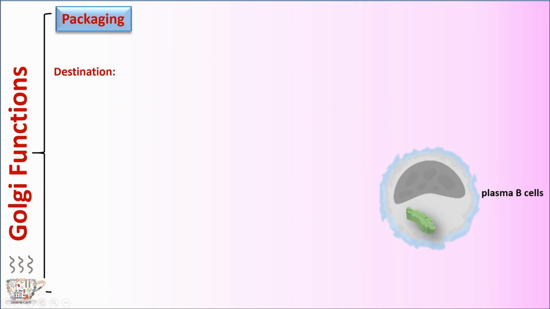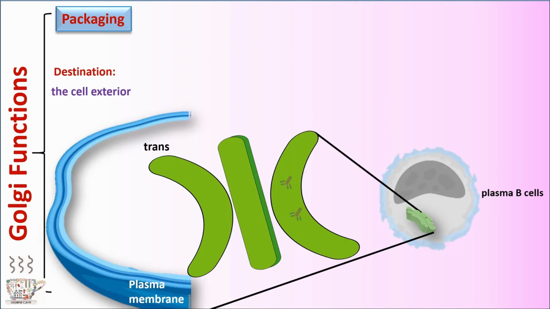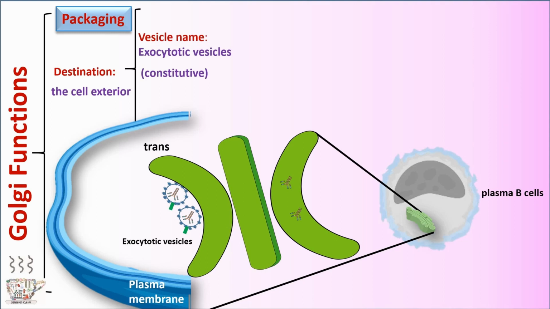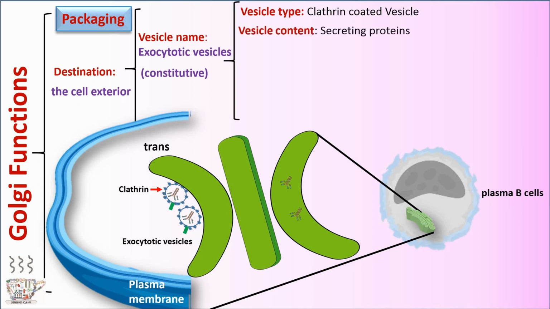When the destination is the cell exterior, vesicle name can be exocytotic vesicles or constitutive vesicles. Vesicle type is clathrin-coated vesicle, and vesicle content is secreting proteins. Label or tag is oligosaccharide.